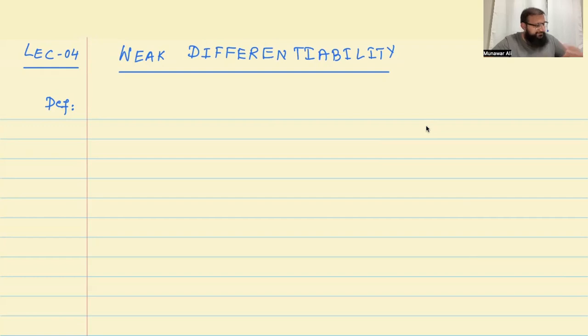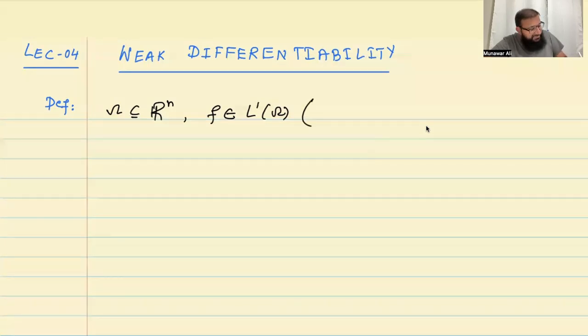So let us begin. Let us take a subset omega of Rn and our f is from L1 of omega. We have already discussed what we mean by a function in L1 space. Let me just remind you, it means that I raise f to power 1 and integrate this over omega, and this whole integral should be finite.